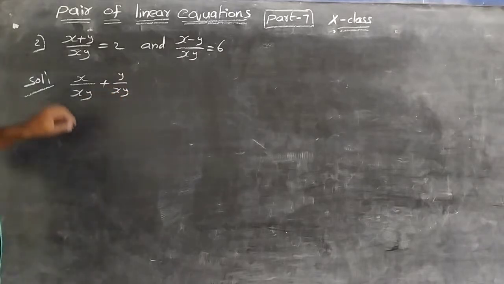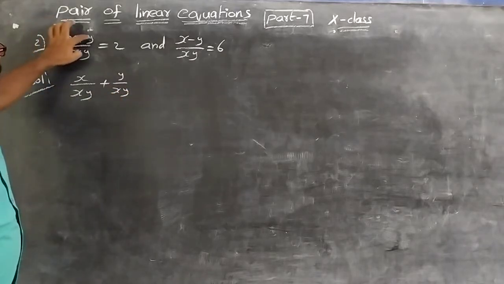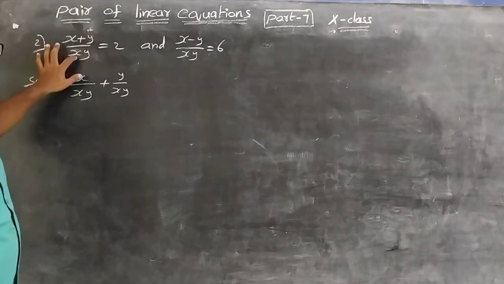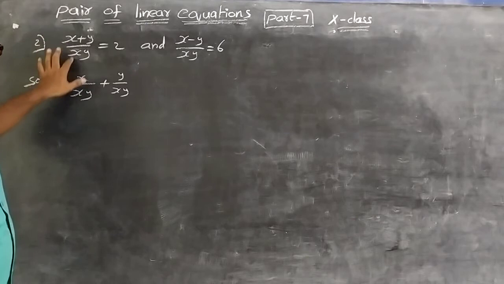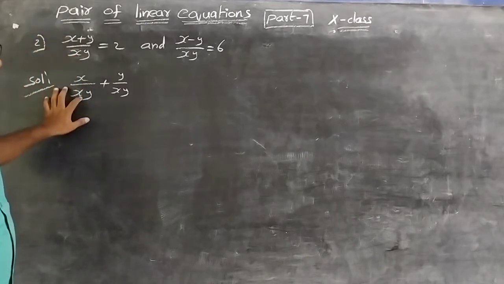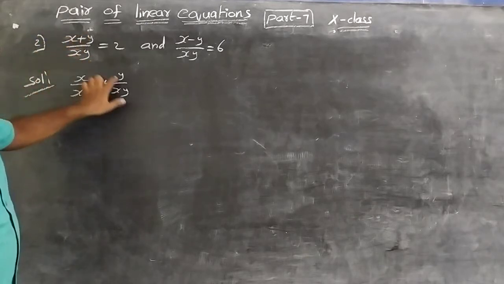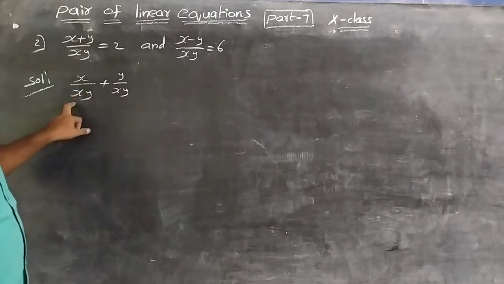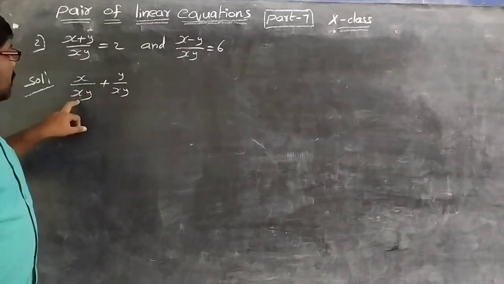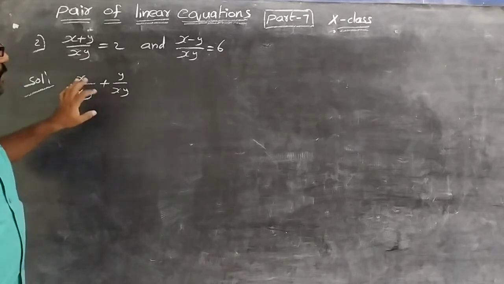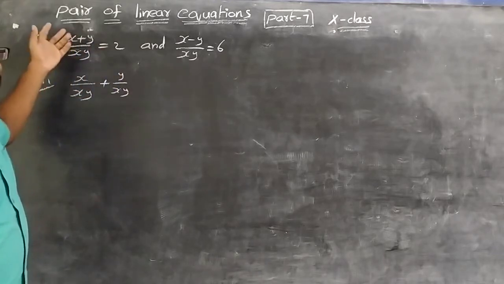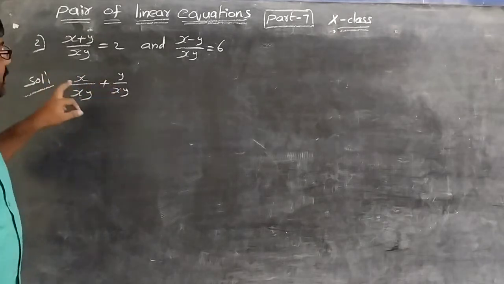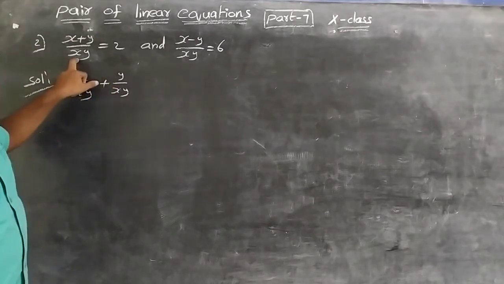So in this case, we separate the denominator for x and y. (x plus y) by xy can be written as x by xy plus y by xy, right? So these two are like fractions, with denominator xy. If these two are like fractions, we can simplify numerators directly. So x by xy plus y by xy can be written as (x plus y) by xy, right?